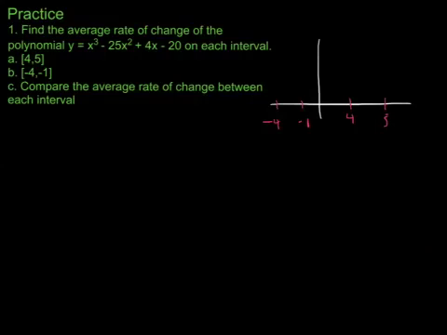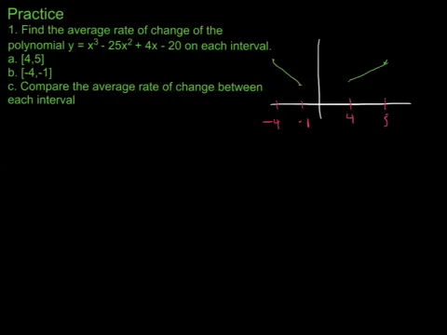I know it's a cubic polynomial, but for our sake, let's just imagine that we have 2 points between negative 4 and negative 1. We also have the points at 4 and 5. And if we want to find the average rate of change, we want to know about how much it is changing every step of the way between those 2 points.